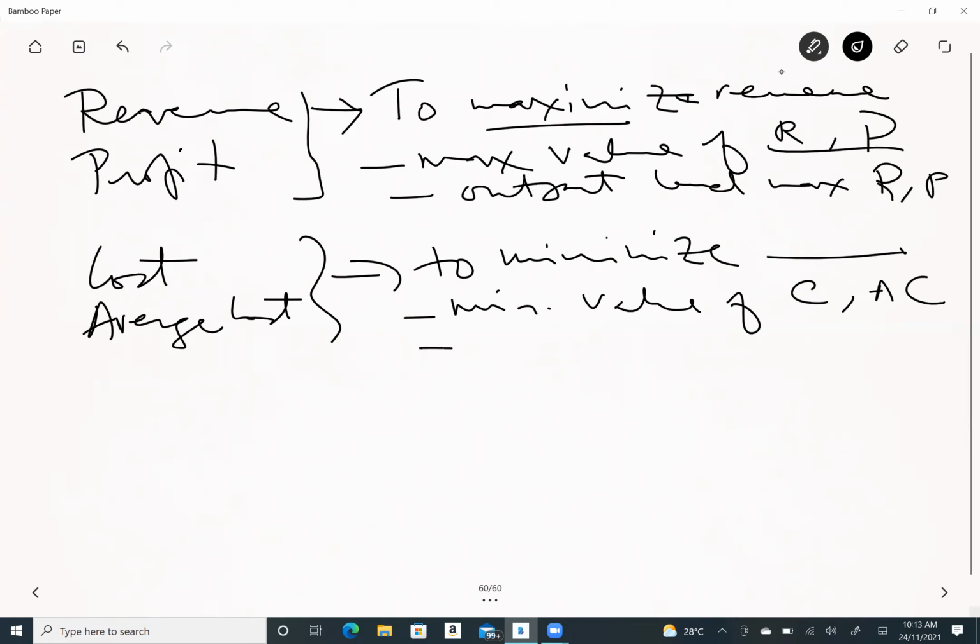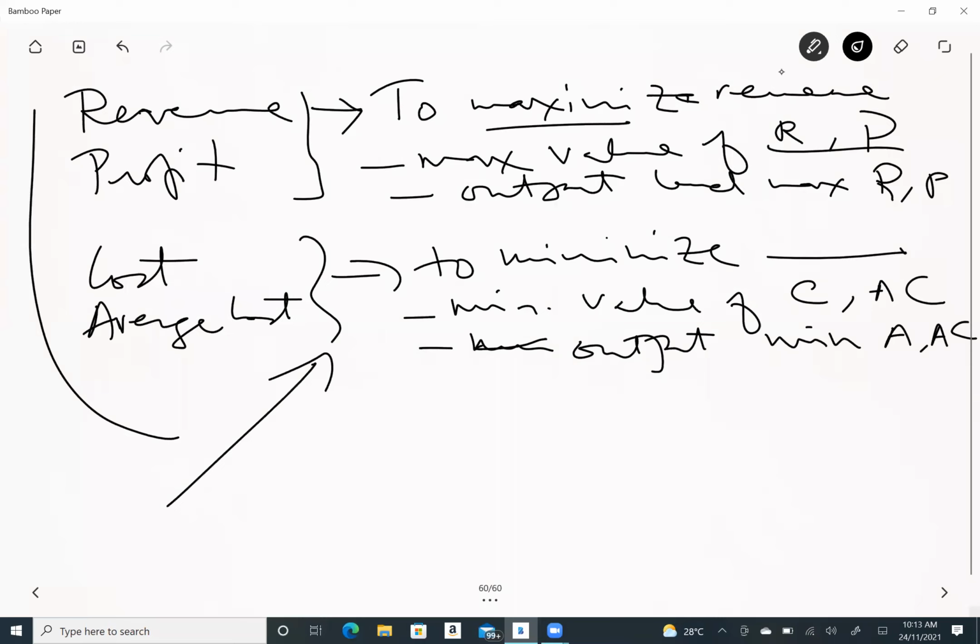Similarly for here, you want to find the output level that minimizes the cost or average cost. So what we do here, we make use of the second derivative test. So actually the problem is similar to what we already learned. You know, we maximize revenue, minimize cost, things like that, or maximize profit. But we are going to make use of the second derivative test.